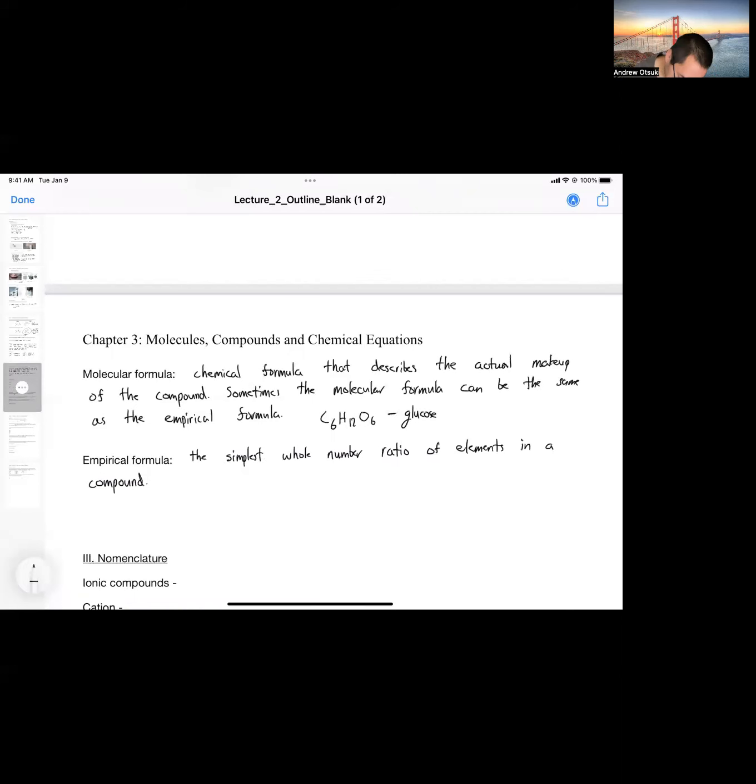For example, our glucose example we just wrote above, C6H12O6. We can reduce this to simplest terms by taking out the factor 6, right? So this would equal 6 times, and we would get a ratio of C1, H2, O1. Right? So we could write that. So our empirical formula would be CH2O.